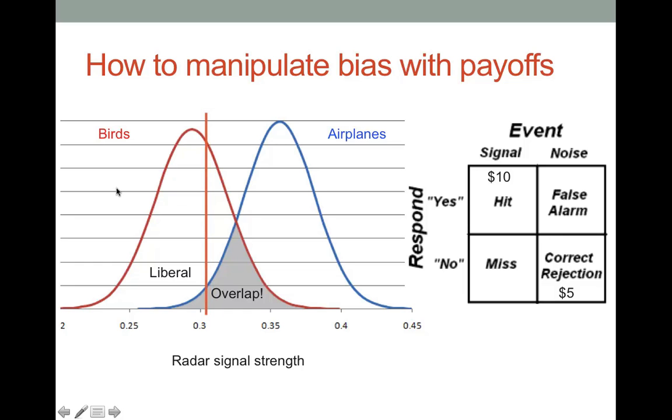So just pushing it further and further left won't necessarily help us much, because we're already getting 90% of these airplanes. There's not many that we're missing. So it wouldn't make sense to keep pushing it much further, because then we'd lose all the correct rejections that we are getting right now. Similarly, if we swapped the payout and said correct rejections are more important than hits, then people would move their criterion over to the right.